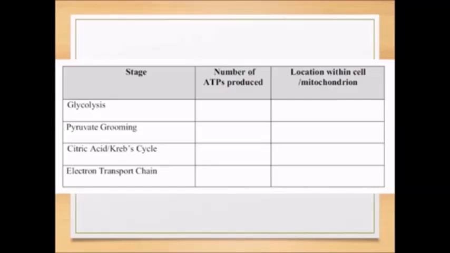Let's summarize the different stages of cellular respiration with the number of ATPs that are produced and where this is happening. I hope we remember that in glycolysis we produce 2 ATPs and that this process is happening in the cytoplasm. In our pyruvate grooming step, transition step, preparation step, we actually don't make any ATP.